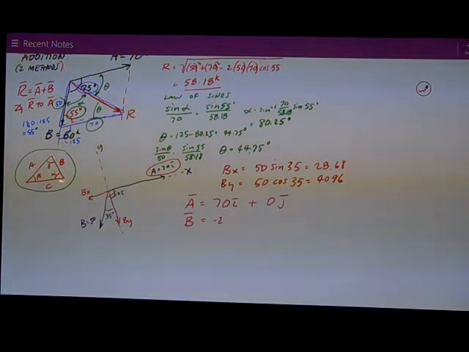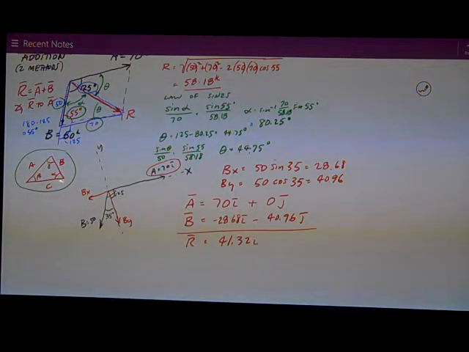Negative 28.68i minus 40.96j. The sum of those two, their components, is R. So I do all the math and I get 41.32i minus 40.96j. That's in Cartesian form.